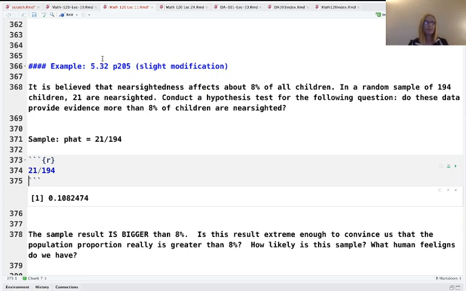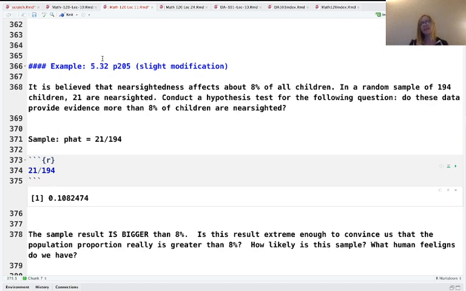Remember, this is just a sample of 194 children, but there are millions of children out there. Does this sample result give us strong evidence that the true proportion of all children who are nearsighted is greater than 8%? That's the big thing that's going on here.